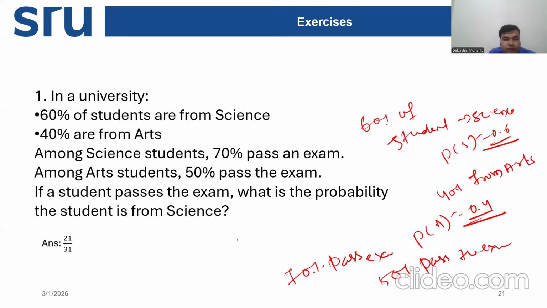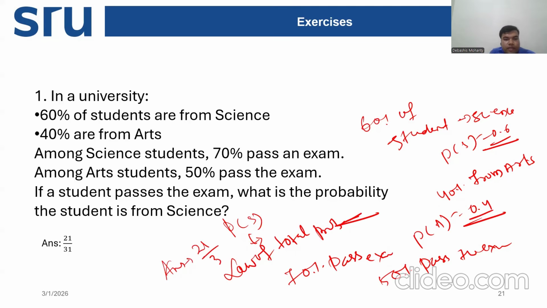Then we need to calculate the probability of a student passing from the science, P given S. A similar formula we need to use, the law of total probability, to calculate using the data given. So the answer is 21 divided by 31. Just to verify it. Okay.